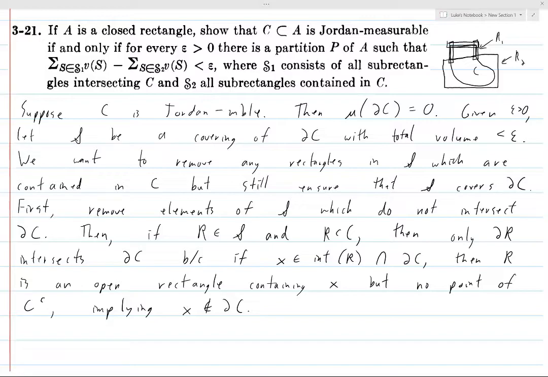Wait, we don't need to do this by contradiction, because if X is in the interior of R, then the interior of R is an open rectangle containing X but also containing no point of C complement, implying that X cannot be in the boundary of C because such an open rectangle exists.